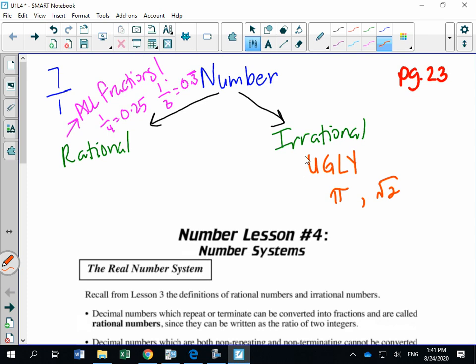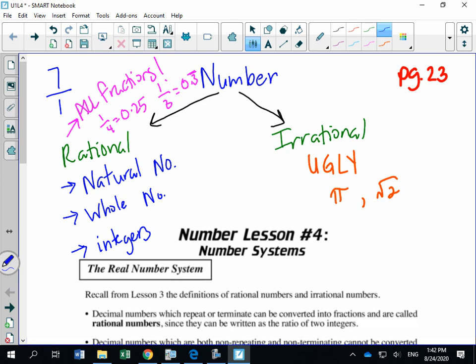What this lesson is going to be on is we could actually break the rational category down. So within my rational numbers, there are subsections, and you need to know these subsections, and there are 3. Those subsections are called the natural numbers, whole numbers, and integers.